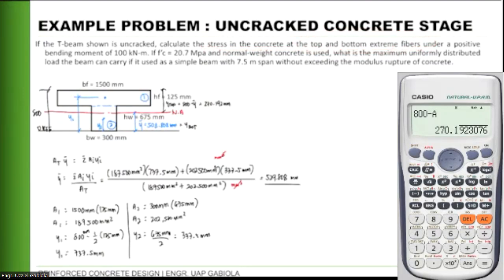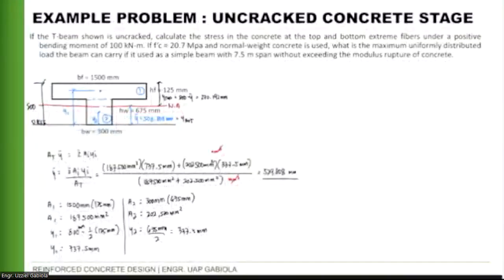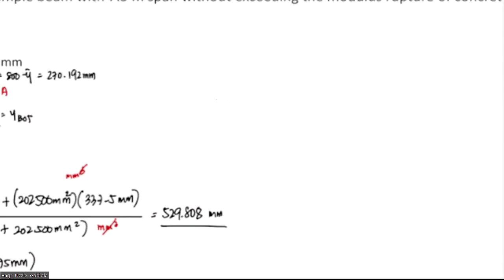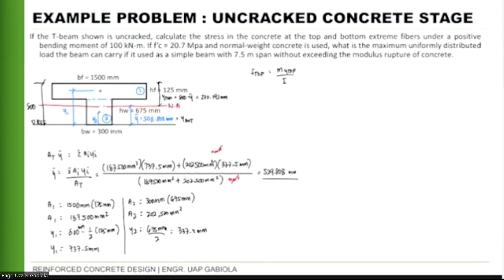Okay, so going back here, we can now calculate the value of our bending stresses. For the top, we have M y top over I, but we don't have inertia yet. Okay, so we can also get that first. Let me erase this one first. Then let us get the formula for inertia.